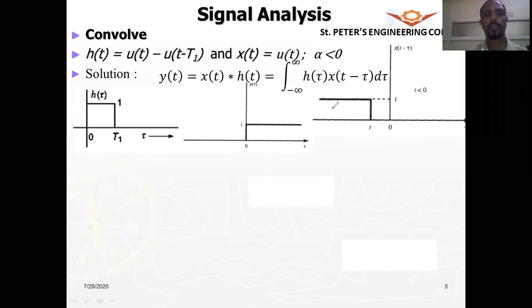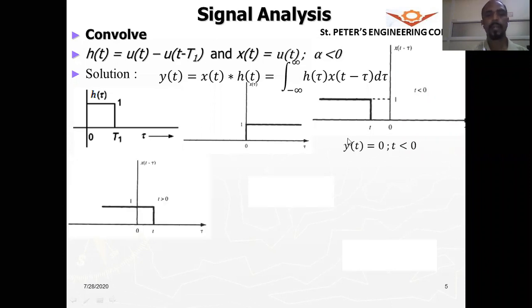When t takes a value less than 0, whether minus 1, minus 2, minus 0.1, minus 0.5, minus 1.39, whatever number you take, it is all less than 0, and for all those values there is no overlap. Therefore, y of t is equal to 0 for t less than 0.